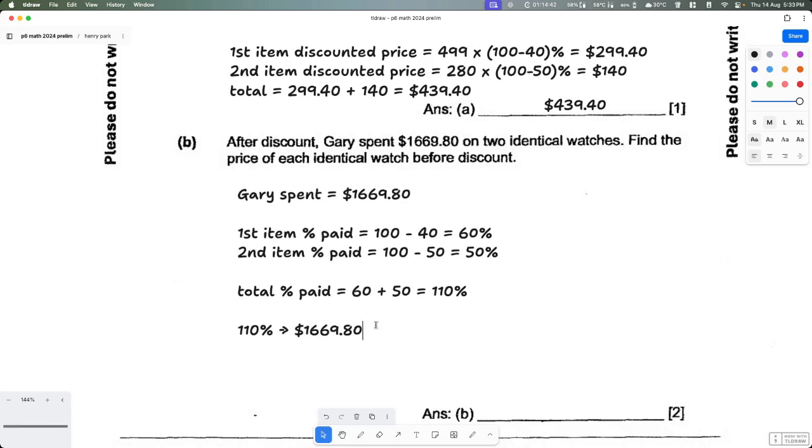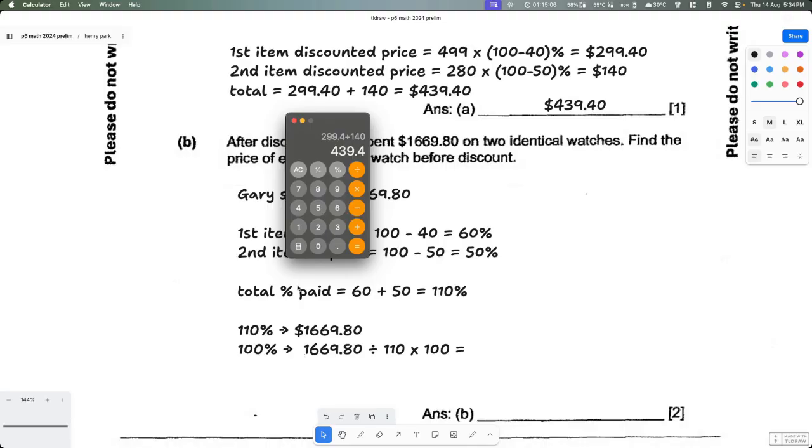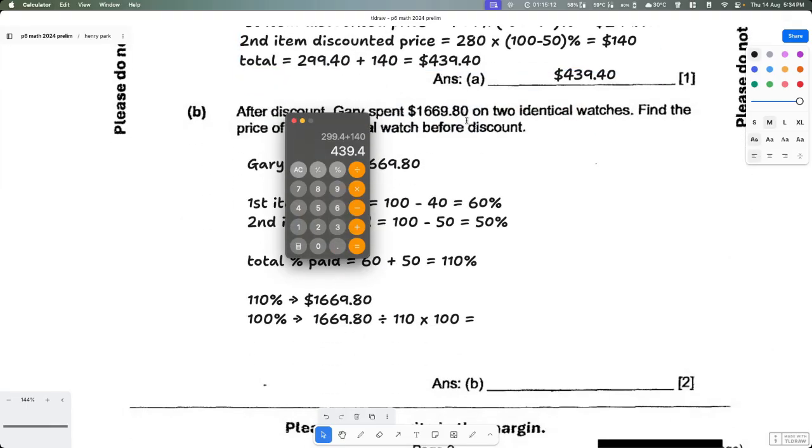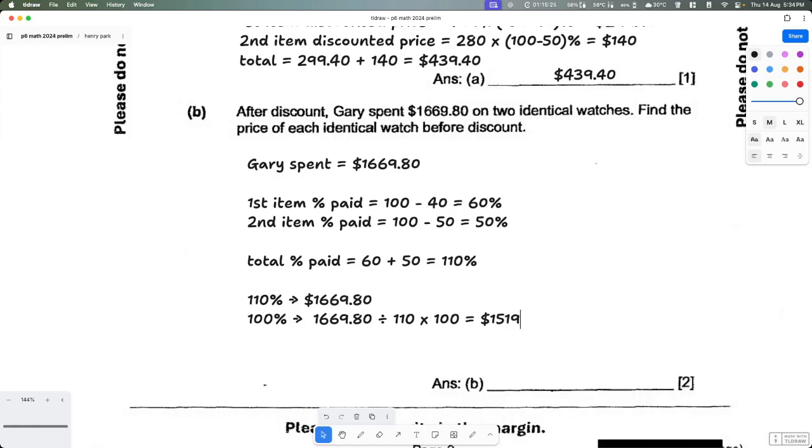Then 100% is basically 1669.80 divided by 110 times 100. Let me double confirm. So 1669.80 divided by 110 times 100 gives 1518.